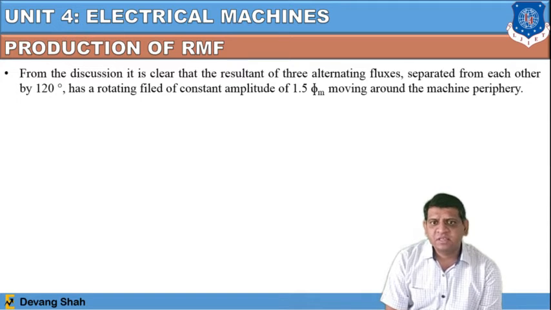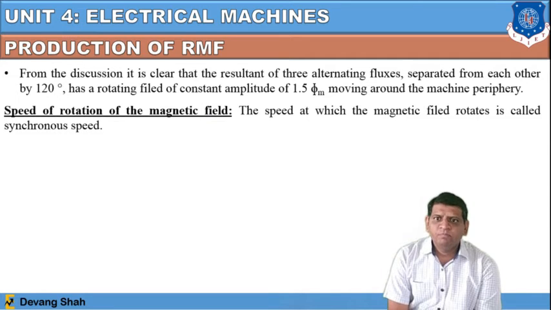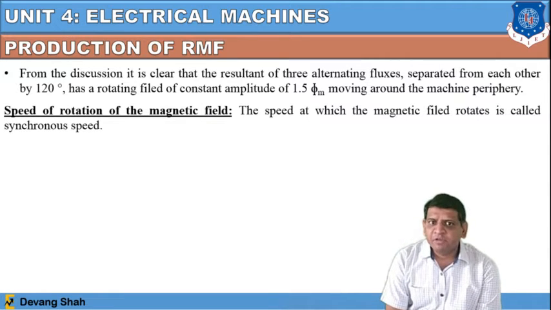As is clear from this discussion, the resultant of three alternating fluxes separated from each other by 120 degrees is a rotating field of constant amplitude of 1.5 times phi m moving around the machine periphery. The speed at which this magnetic field rotates is called the synchronous speed.